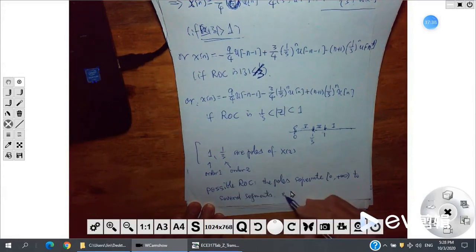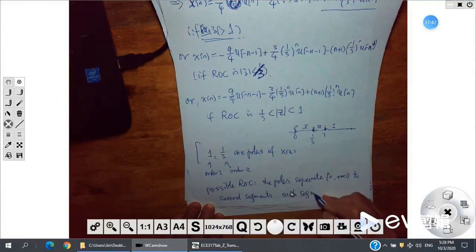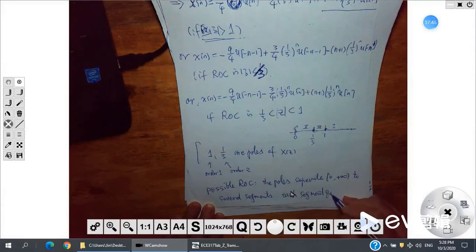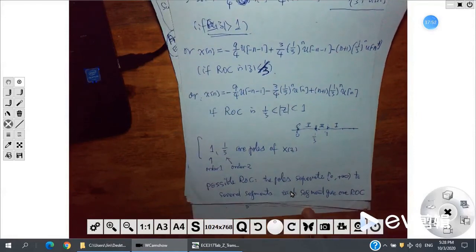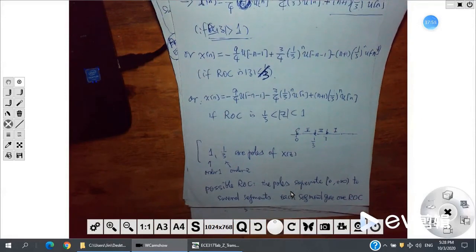Each segment gives one ROC. Alright. Yeah. Each segment gives an ROC.